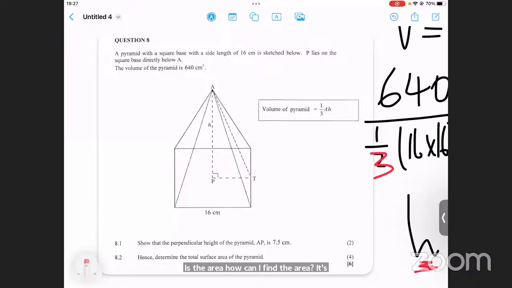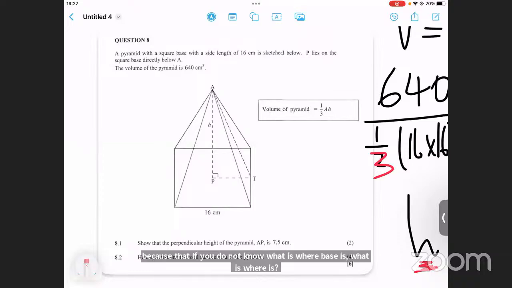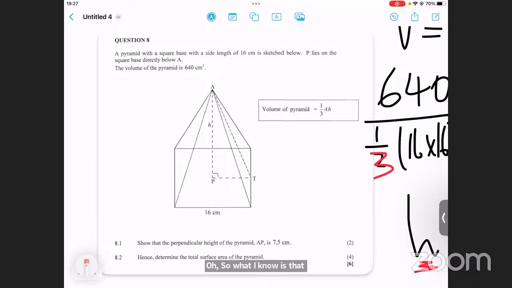The area of the base will be 16 by 16 because that base is a square. Every time you are given a formula, in most cases you must have everything else and remain with one unknown that you must calculate. Then I'm done with that one.